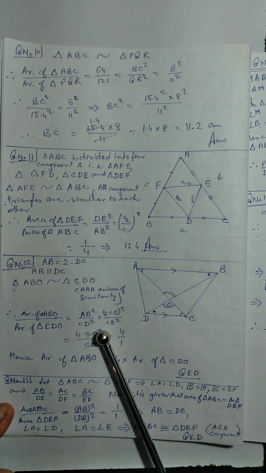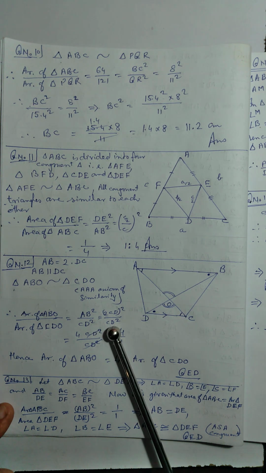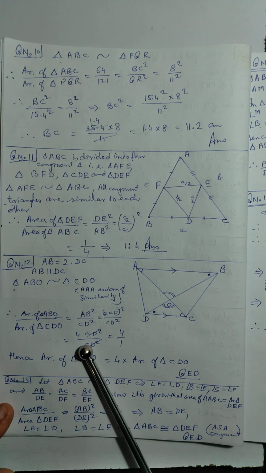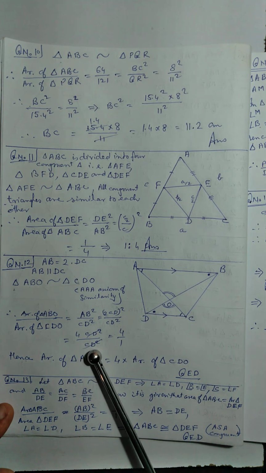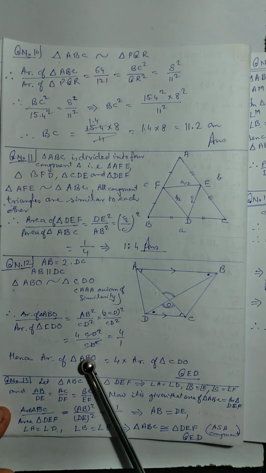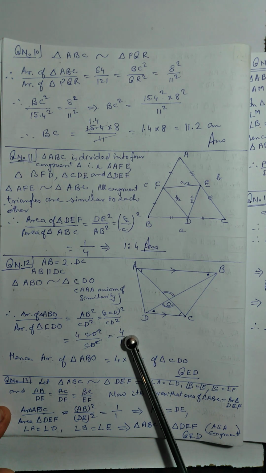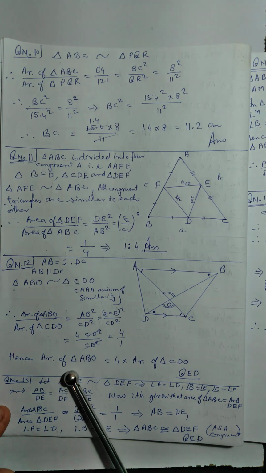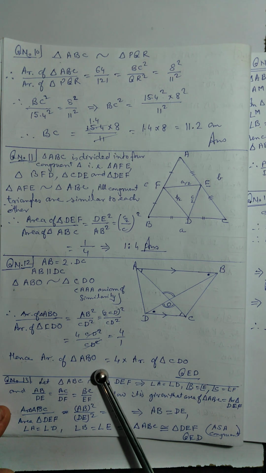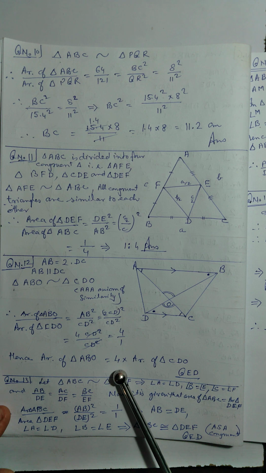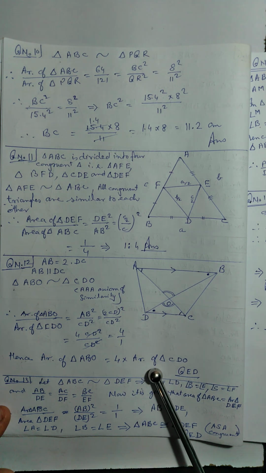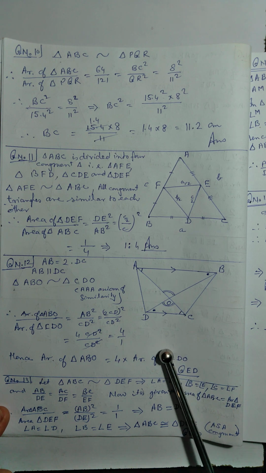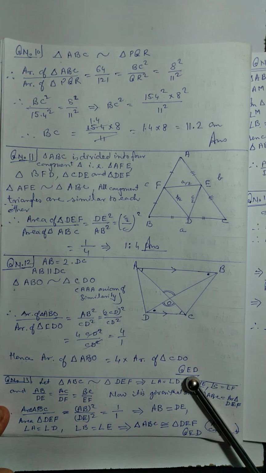So what is AB? In place of AB I have written twice of CD. That is equal to 4 CD square upon CD square. CD square will be cancelled and we are left with 4:1. Hence the area of triangle ABO is equal to 4 into area of triangle CDO. That is proved here, QED.